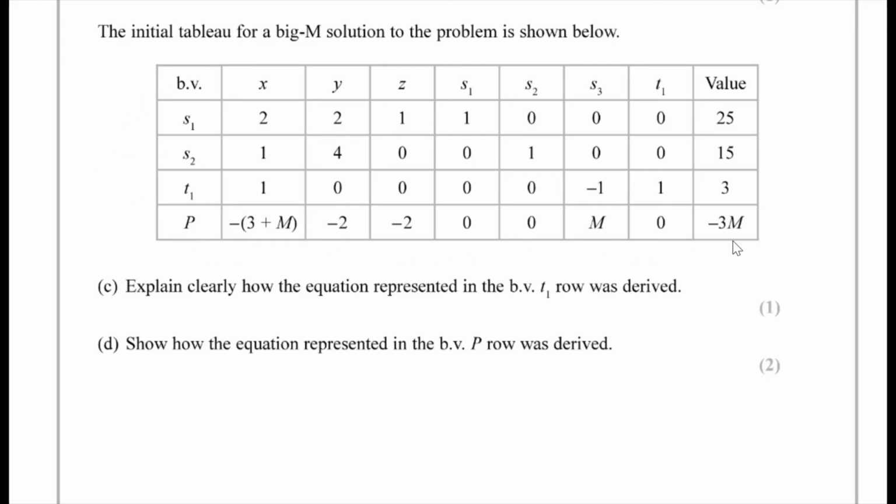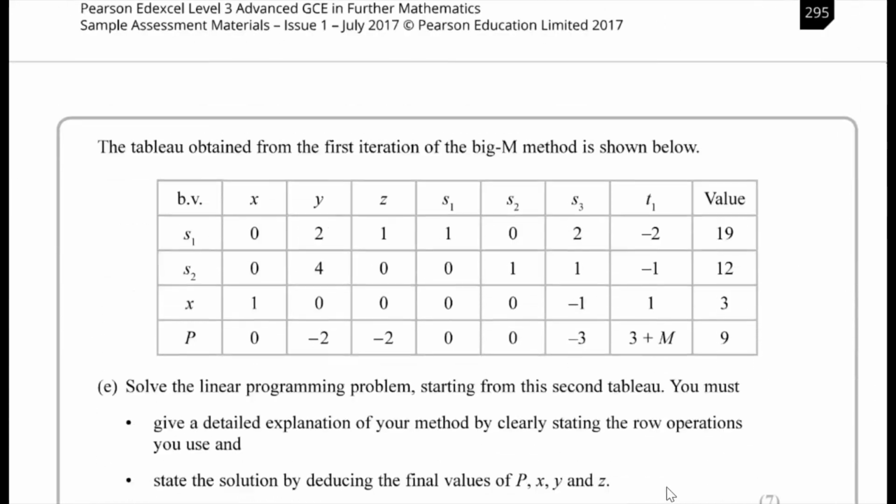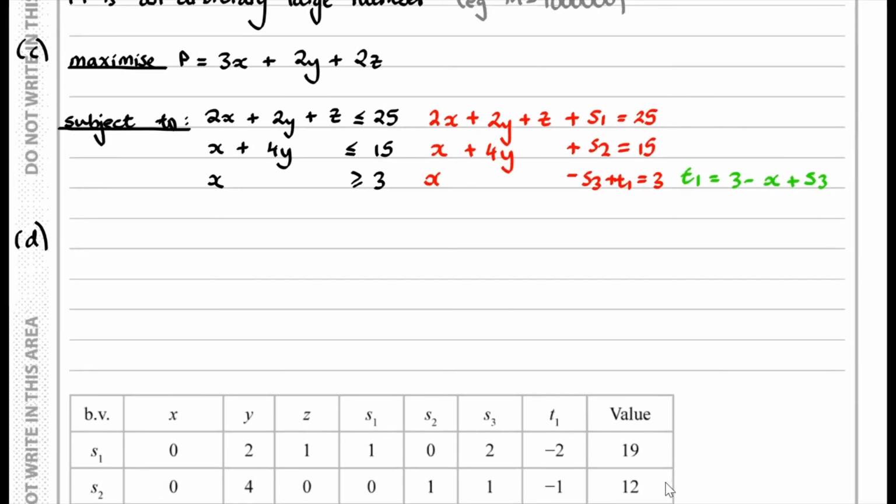So we're looking at this slide over here. And I think it's quite straightforward how to arrive at that conclusion. First of all, we can rearrange this to say that P equals 3x plus 2y plus 2z minus M lots of t1.